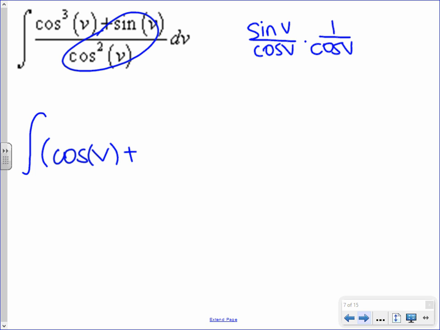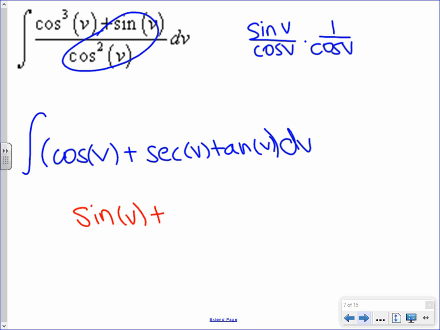So what we have is secant tangent. So now we have the antiderivative of cosine, which is sine, and the antiderivative of secant tangent, which is secant.